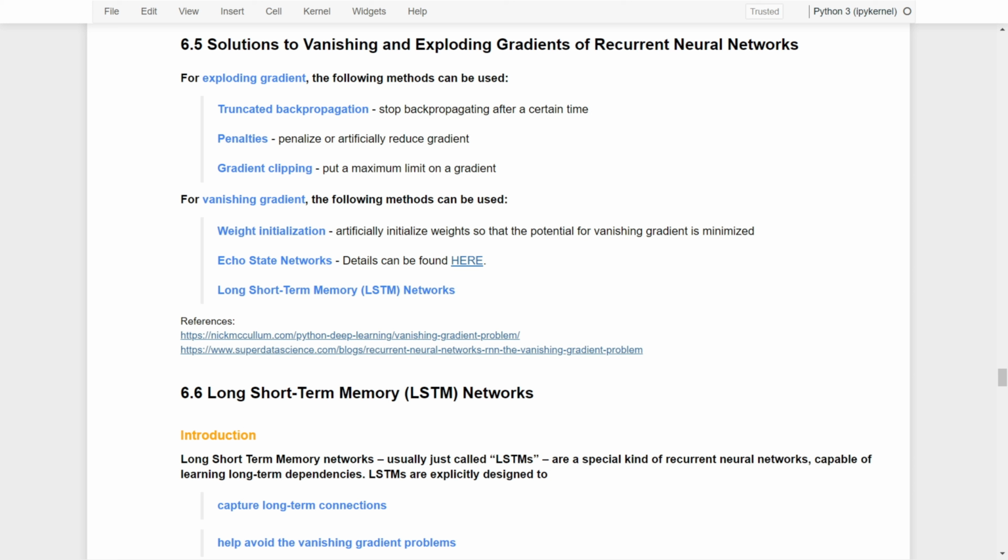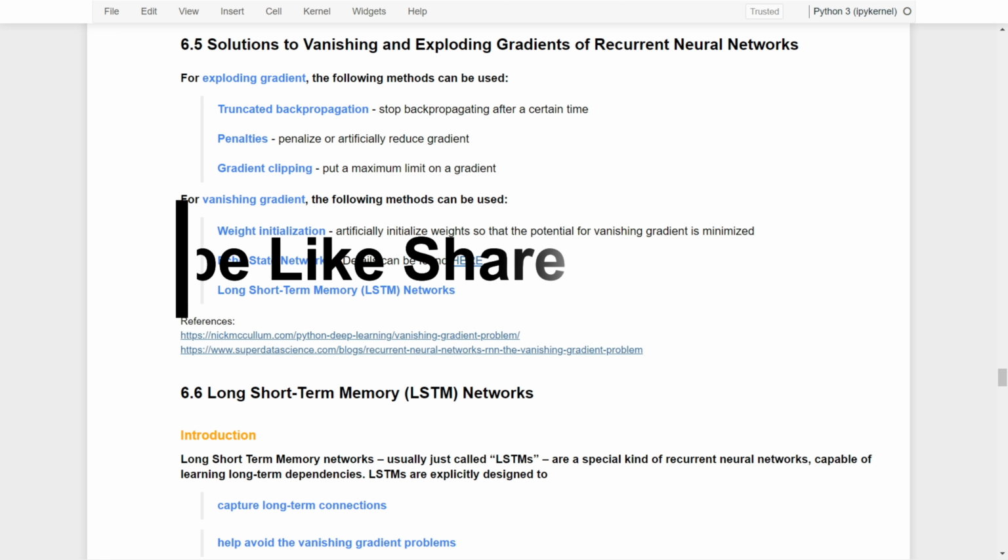For the echo state network, please feel free to find the details in this notebook. Here I have already provided you the link. However, because this is a little bit beyond the scope of this specialization course, I will skip this. The most commonly used approach nowadays is the so-called long short-term memory, and that is how to apply this long short-term memory network to solve these vanishing gradients problems. Let's dive into it in the next video.